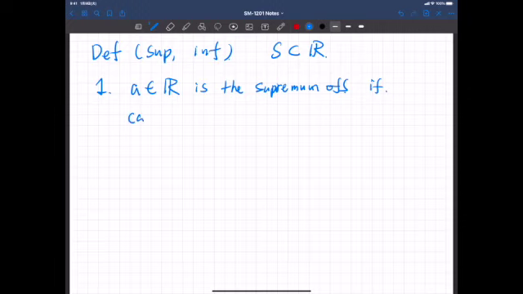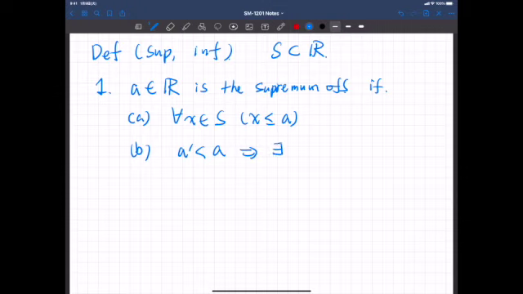Condition A: for all elements x of S, x is less than or equal to A. That means A is an upper bound of S. And B: if A prime is less than A, then there exists some x in S such that x is greater than A prime.